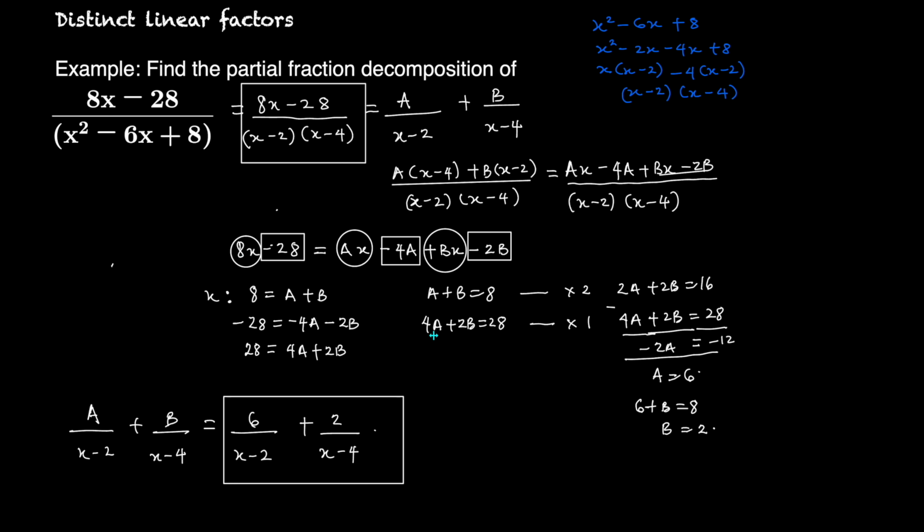So we can take our time to do that. Let's do that real quick. So the LCM here is going to be x minus 2, x minus 4. Now we have 6 into x minus 4 plus 2 into x minus 2.